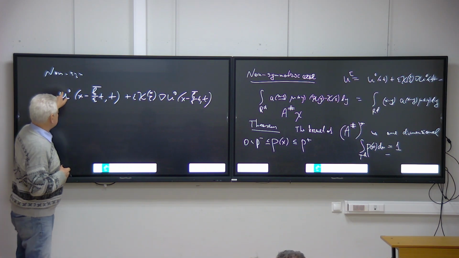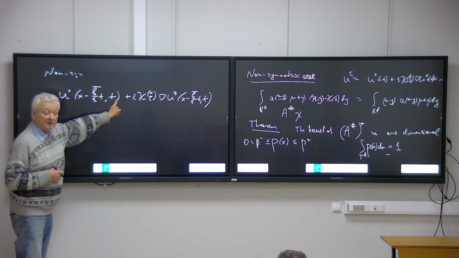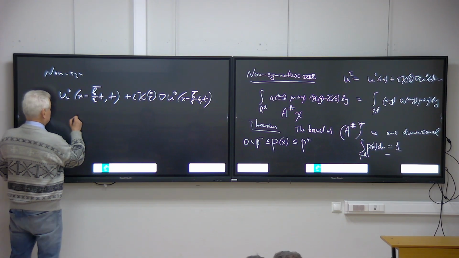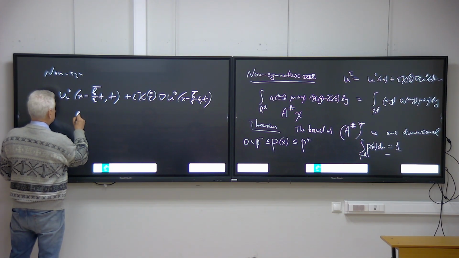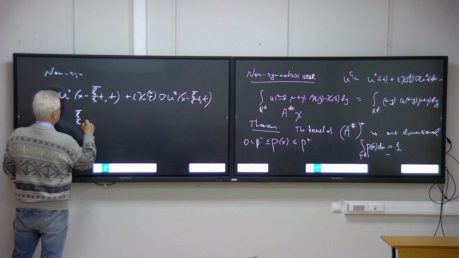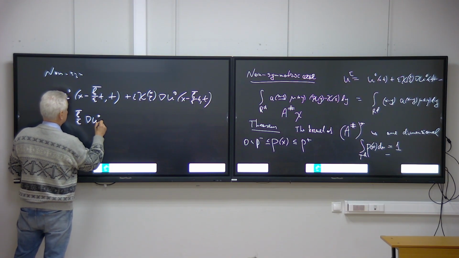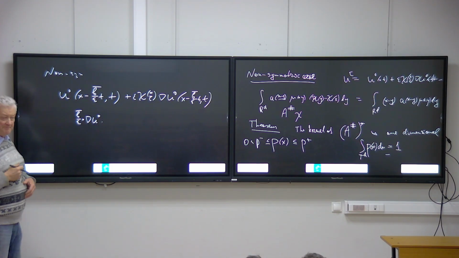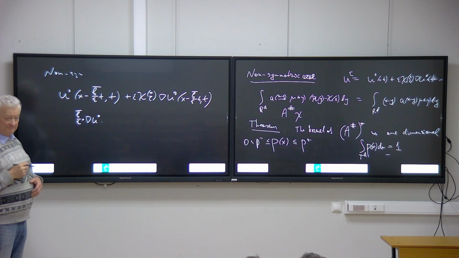One is the standard derivative of u0 in time, when we treat the second argument, but when we treat the first one, there will be b bar over epsilon, gradient u0.